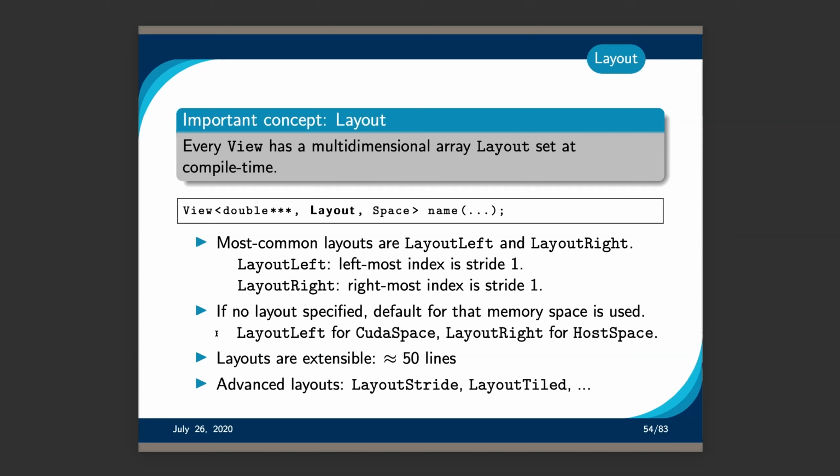So you have the space argument, and we figure out what execution space is the primary associated execution space of that memory space, and then we use its preferred layout. You can actually write your own layouts. The way you do that will change with the current work we're doing for mdspan. With mdspan, it becomes a bit easier to write your own layouts, so you may want to wait for it.